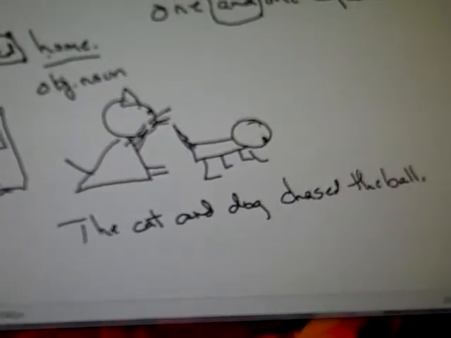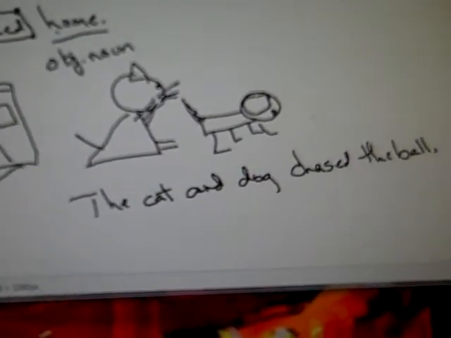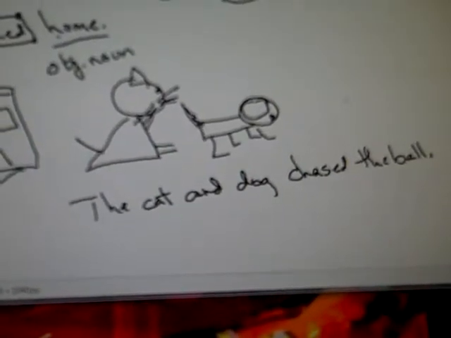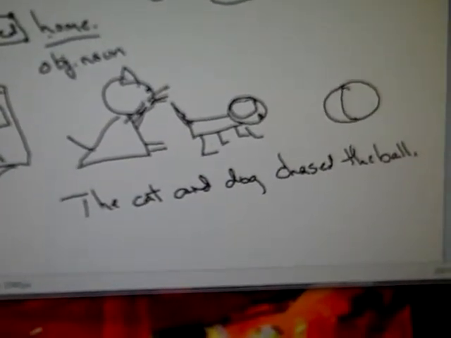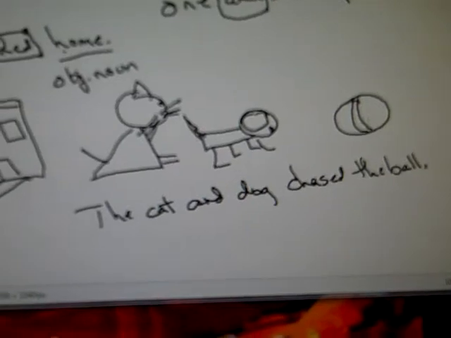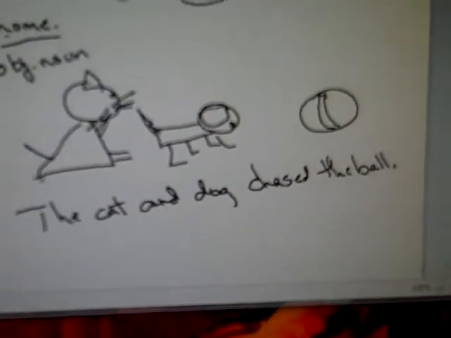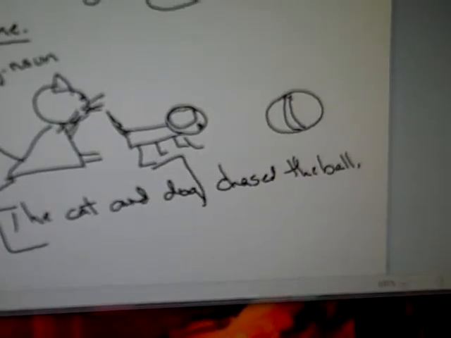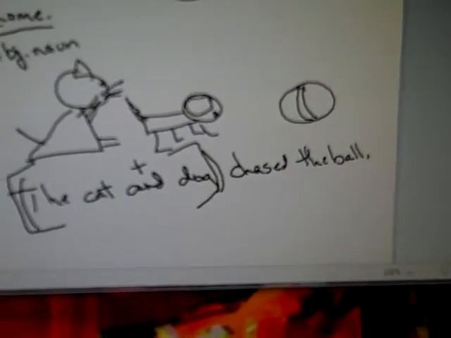Once again, my drawing skills leave a lot to be desired. They chase what? The object, the ball. And the ball looks a lot like somebody's head. So the cat and dog are one unit. So the and literally means plus, and it joins them into one.